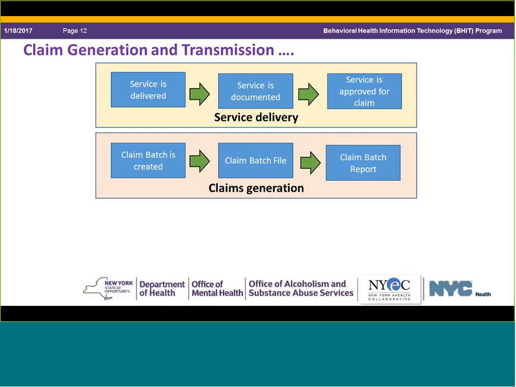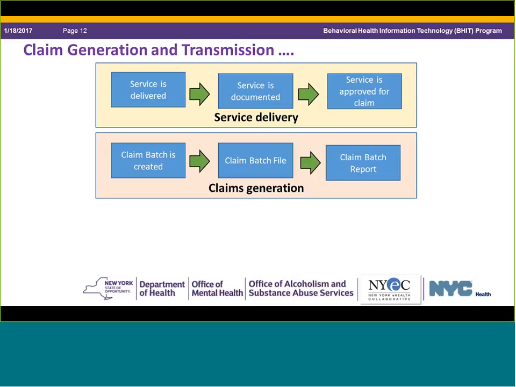The claim batch file then gets transmitted, and you will receive a claim batch report indicating all of the members that were included in that batch. That batch file is in the EHR. How it is transmitted differs with the different vendors, but there will be a transmission area within the EHR to get them out the door.